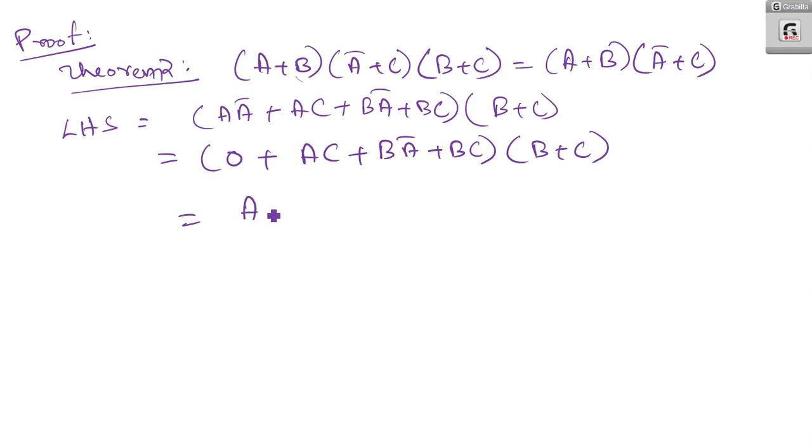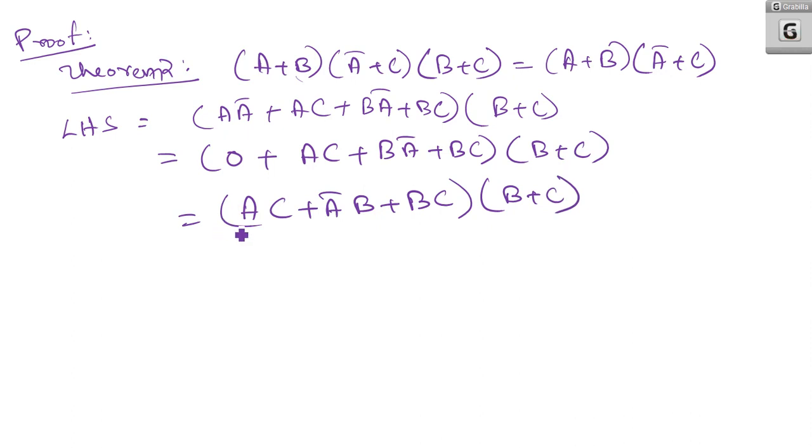So you will get AC or A bar B, or BC, and B or C.